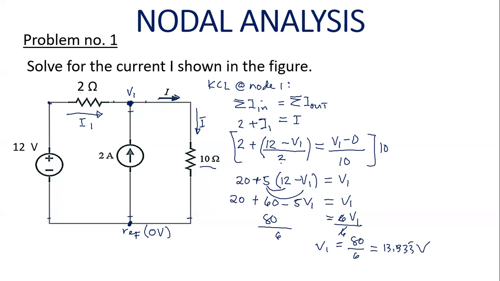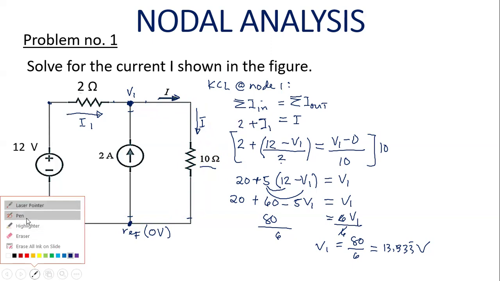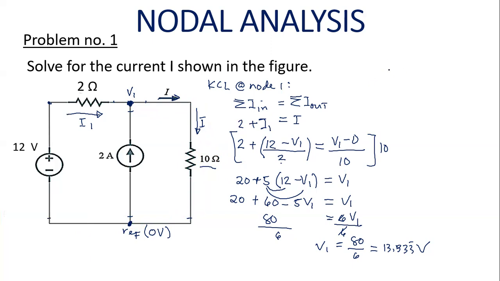Okay, so let's go back to the problem. The unknown here is the branch current I. So where is the I in the figure? It's in here. It's the current that flows through the 10 ohm resistor. So what is the voltage drop across the 10 ohm resistor? It is the voltage difference between V1 and the node here, which is the reference. So the voltage across the 10 ohms is just equal to V1.